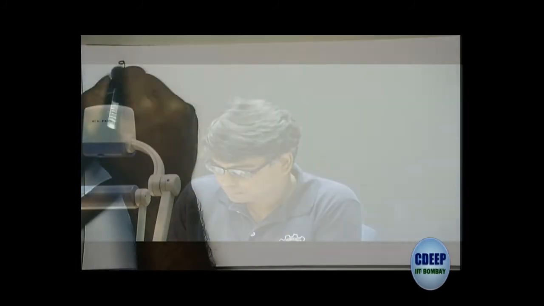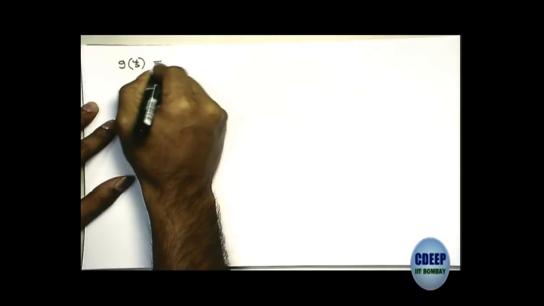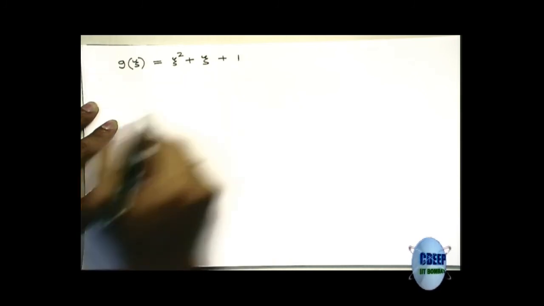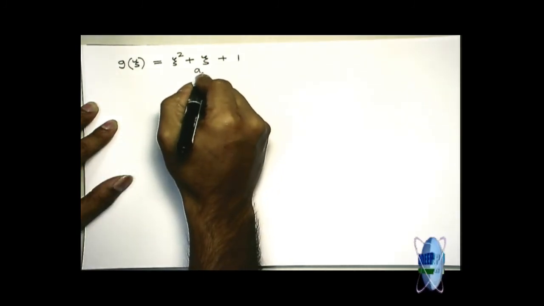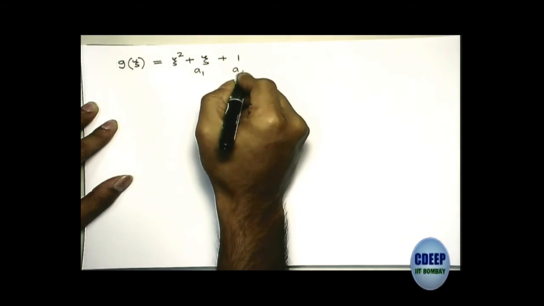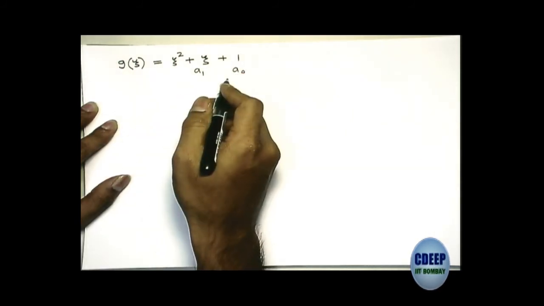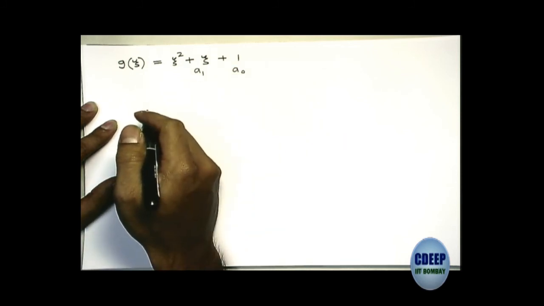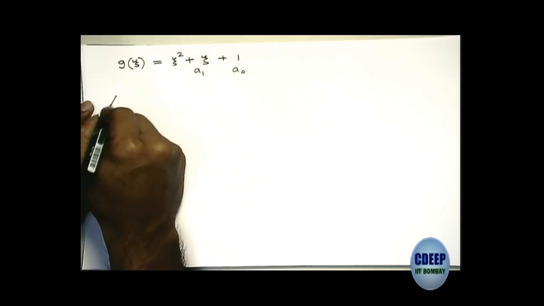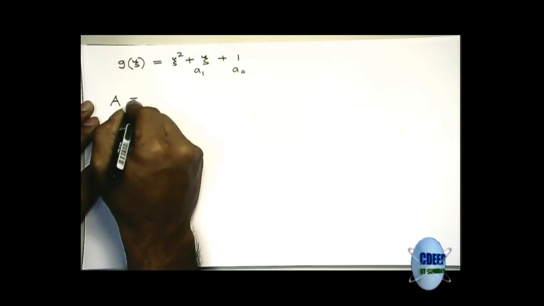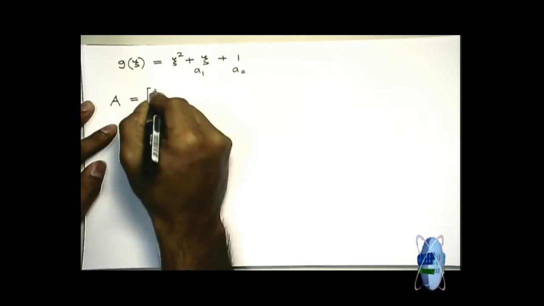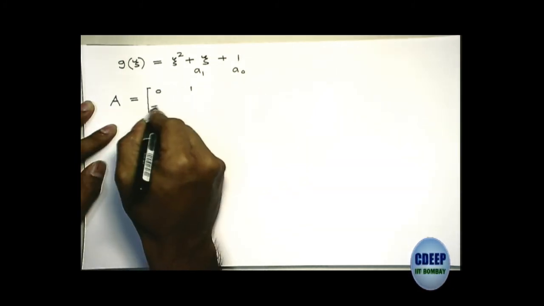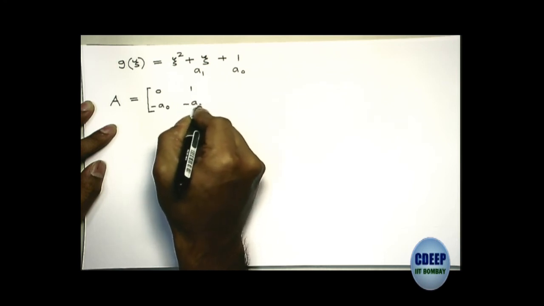Look at g(xi). It is xi squared plus xi plus 1. In general, it would be some coefficient here and some coefficient here, right? A1 and A0. In this case, A1 is 1, A0 is also 1, right? Now, form this 2 by 2 matrix: 0, 1 here, and minus A0, minus A1.